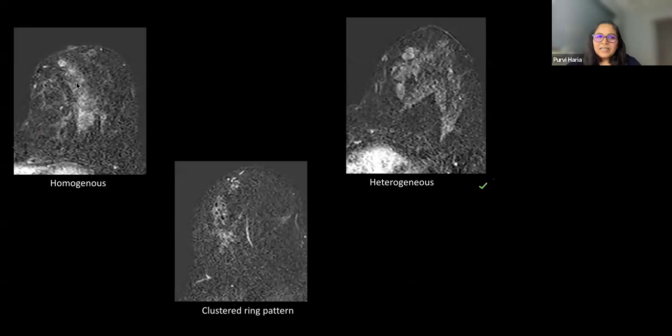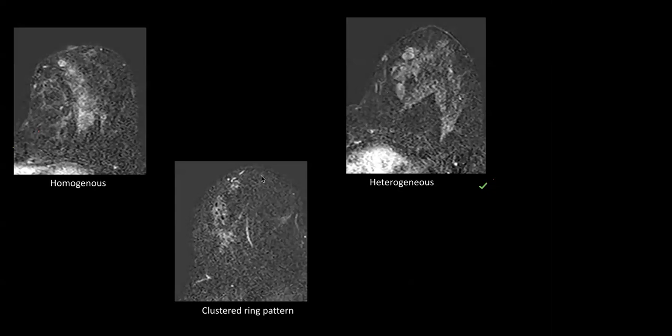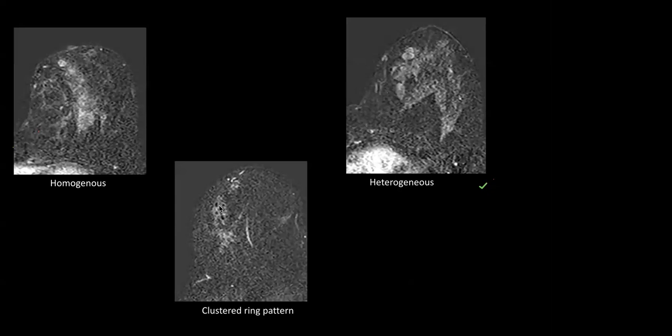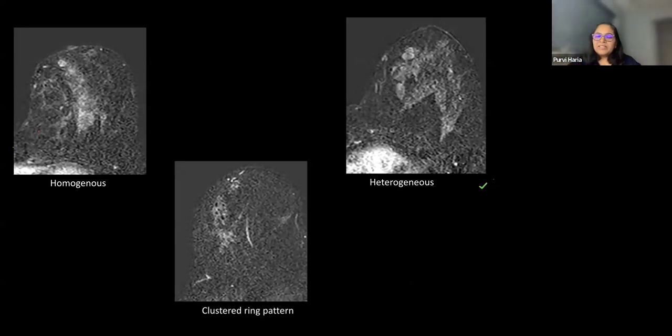Then the internal enhancing characteristic: when it is homogeneous, it is similar throughout, or heterogeneous, where some areas are enhancing more than others. And then there is this clustered ring, where you see rings of enhancement or some non-enhancing areas in between, within that area of non-mass enhancement.